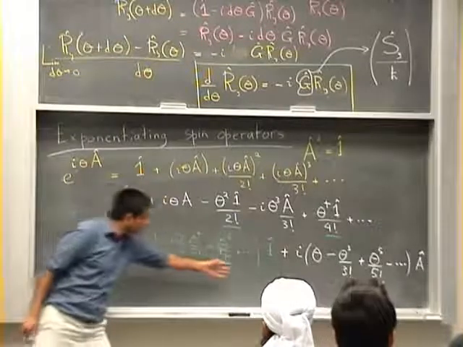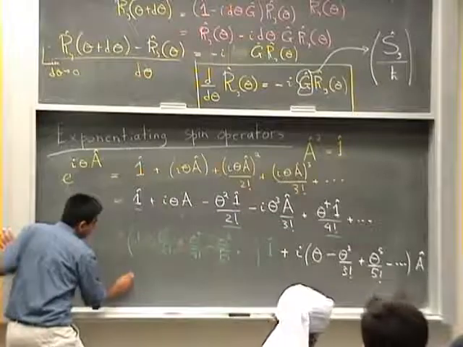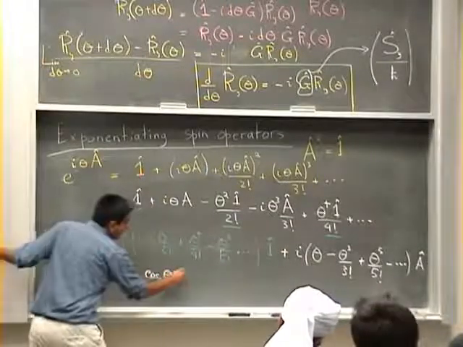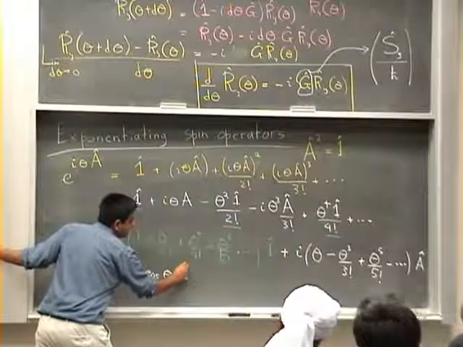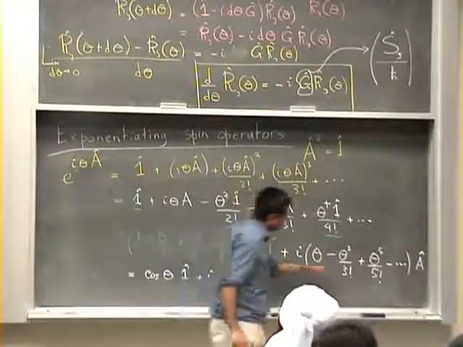Now what is this? What I've written in green, what is this equal to? It's a cosine. Okay, cosine of theta identity plus, what is this? It's the sine.